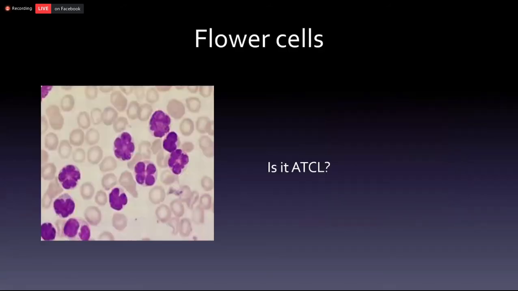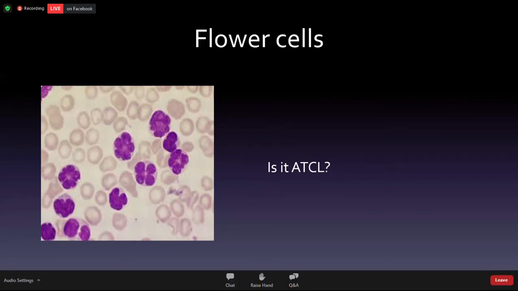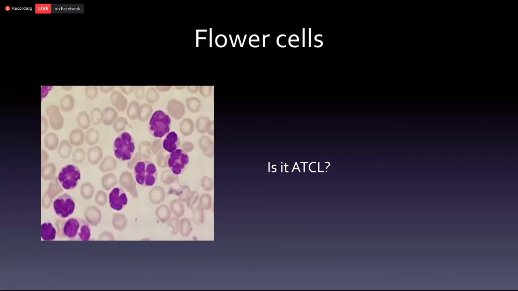Again, very atypical morphology, a lot of convolution in these lymphocytes, almost giving you the appearance of a flower. And these are, by the way, called flower cells, and they are characteristically present in adult T-cell lymphoma leukemia. Is it unique to ATCL? The answer is no. You may see them in T lymphoblastic lymphoma, other types of leukemias.